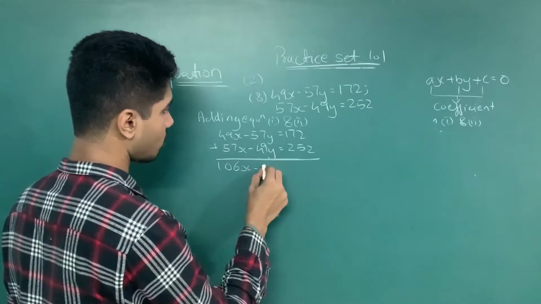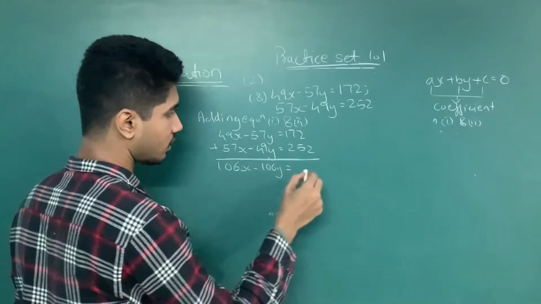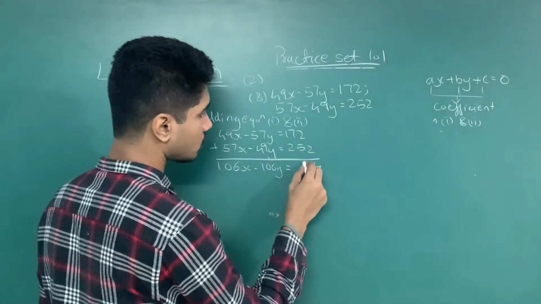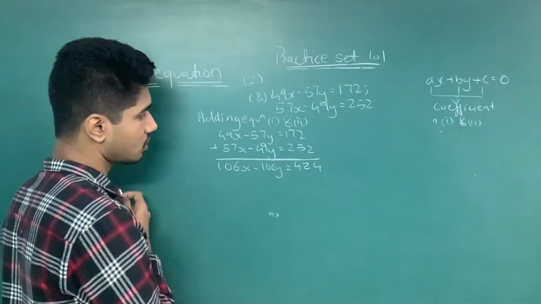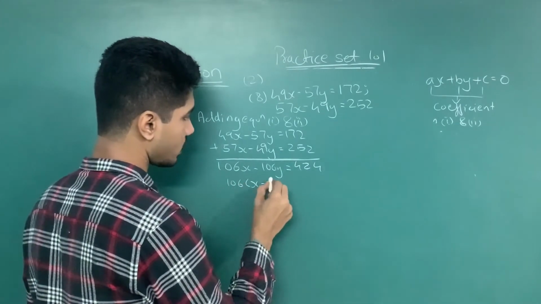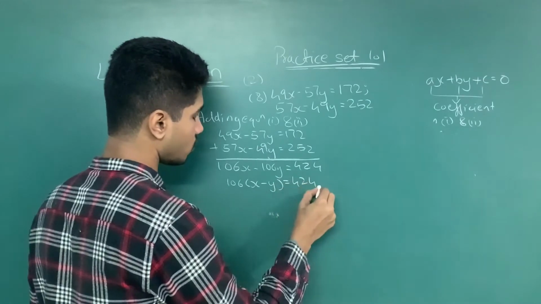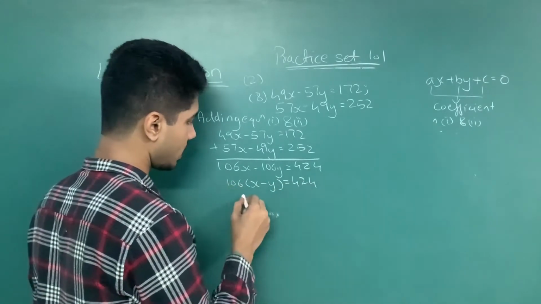This also will give me 106 with a minus sign, and when you add this you get 172 plus 252, which is 424. You take 106 common over here, so when you take 106 common you get x minus y is equal to 424.